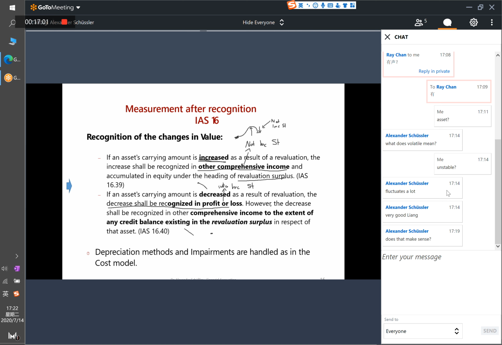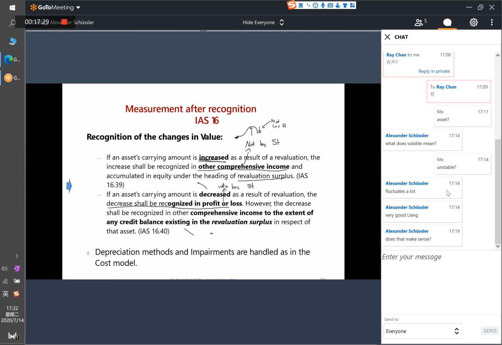So that means other comprehensive income is, the standard setter says, okay, it is income, but it's not as important as the net income. That's why, as the income statement, it's called other comprehensive income. So other comprehensive income is other income, which is not as important.